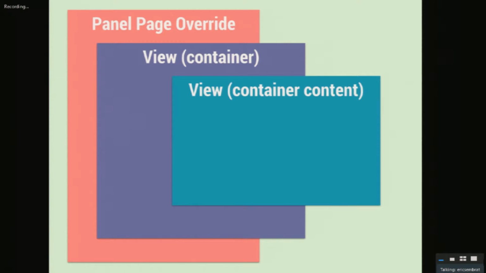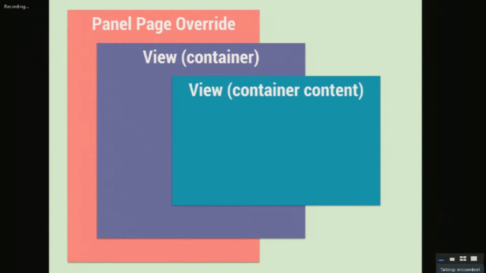So panels is the first place. It's basically taking the entity ID there, which will be the content type, the specific node that's being looked at. It passes that on into a view, which basically renders the container using a bunch of custom markup that allows my CSS to do all the fancy stuff it does.